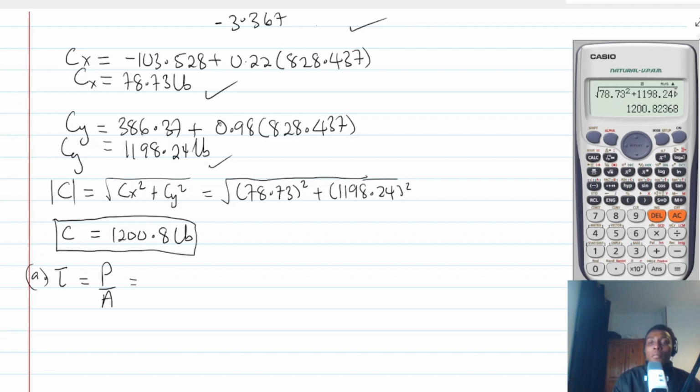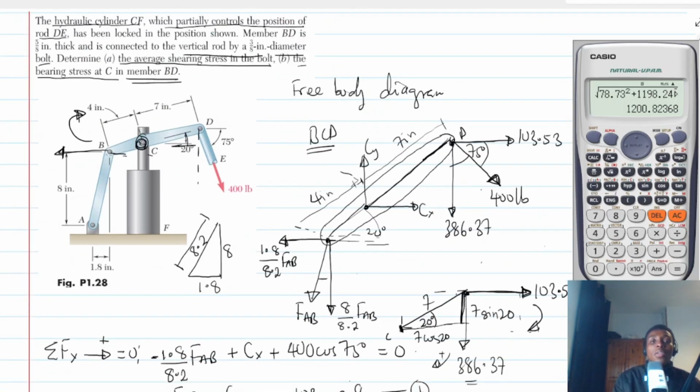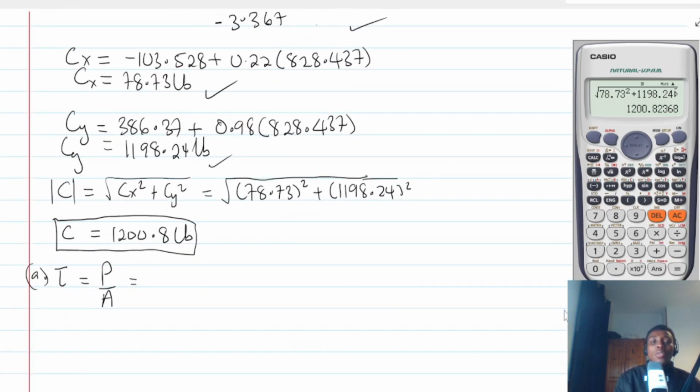And the diameter of the bolt was 3 by 8. So it's going to be 1200.8 divided by pi times 3 over 8 squared divided by 4. I can bring the 4 here, and that will be the shear stress in the bolt.